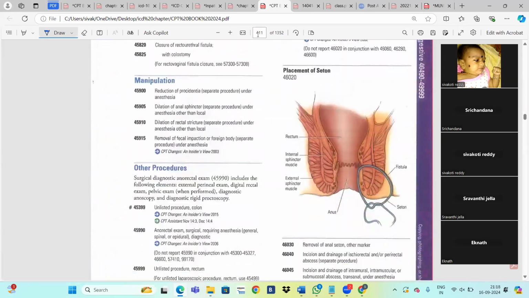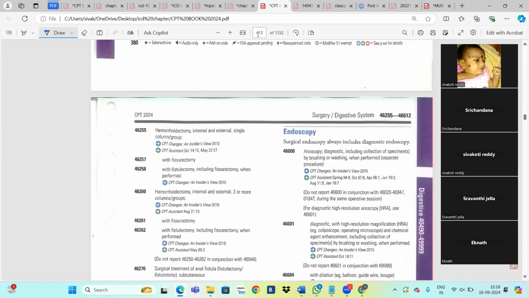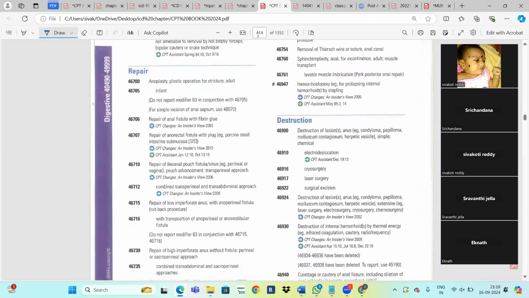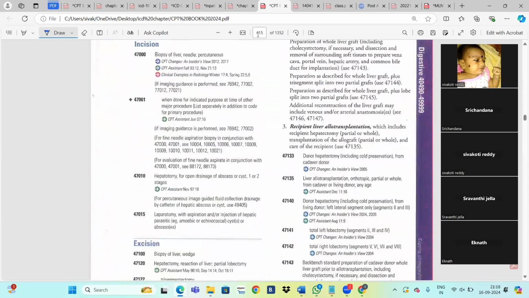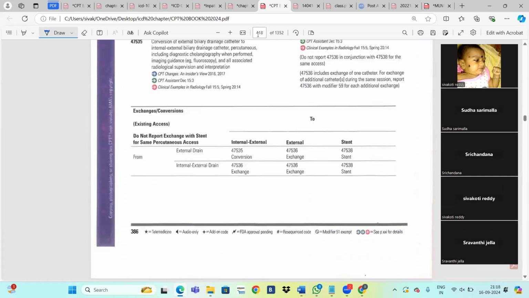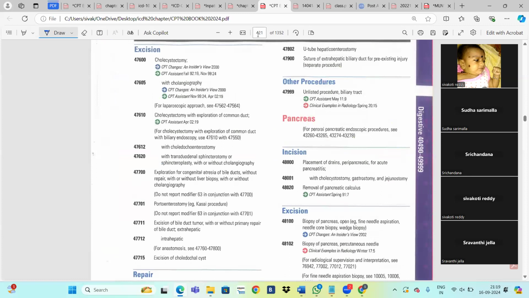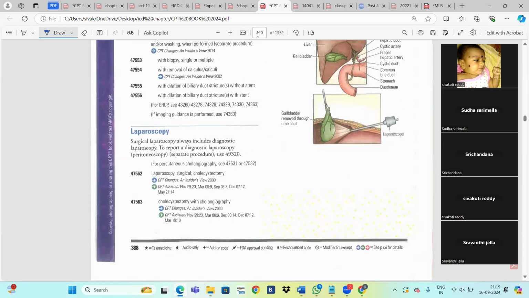Majorly will get in 40000 series, digestive related only, laparoscopy, colonoscopy, EGD. All scopies you will get in this procedure. 4 series, okay? They will use colonoscopy, EGD, all. So what is the description of 47562?